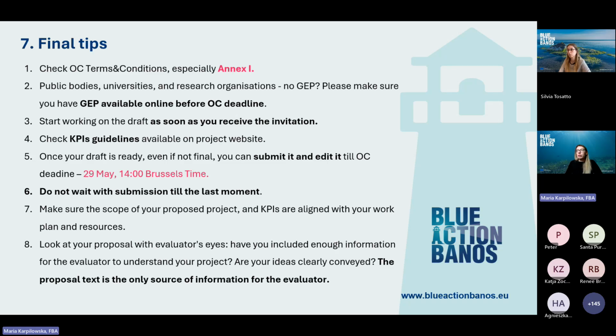If you are a public body, university, or research organization, and you don't have a gender equality plan at the moment, or you have it, but it's written somewhere and distributed internally, please make sure that before the open call deadline, you have it available and published under a public link, a link which an evaluator or any person performing the admissibility and eligibility check can click and see that it's there.